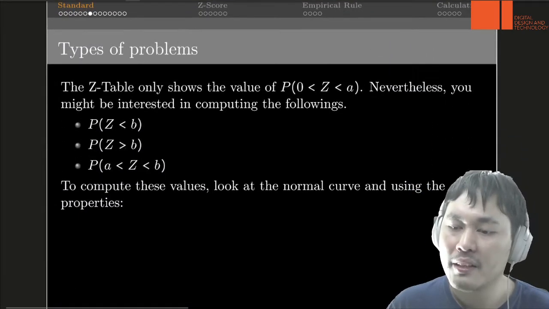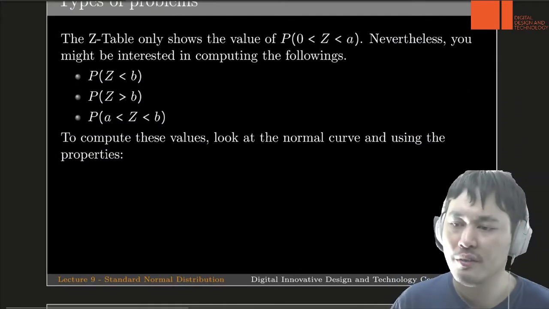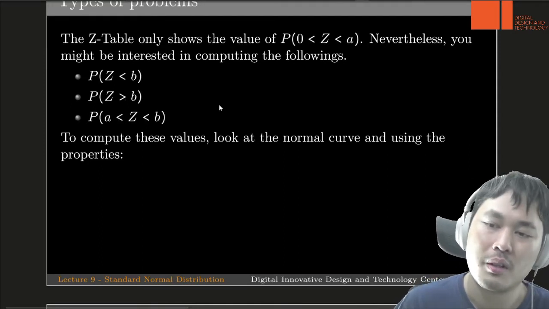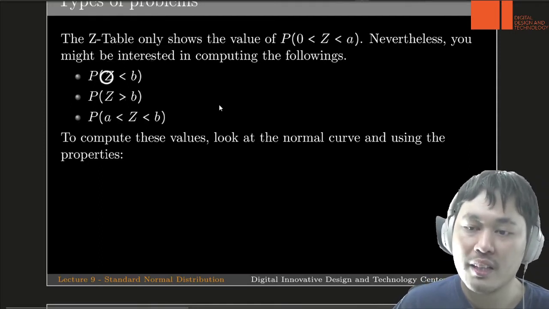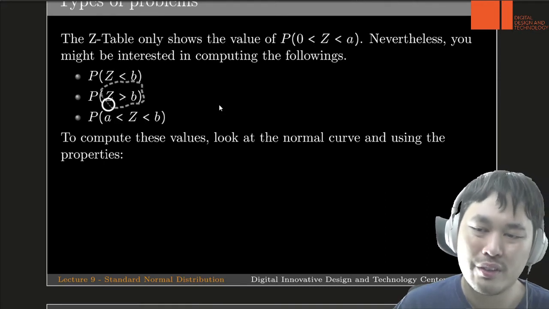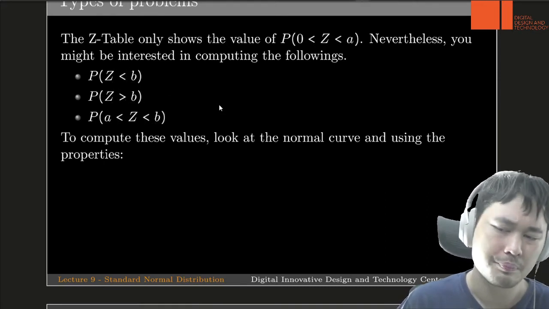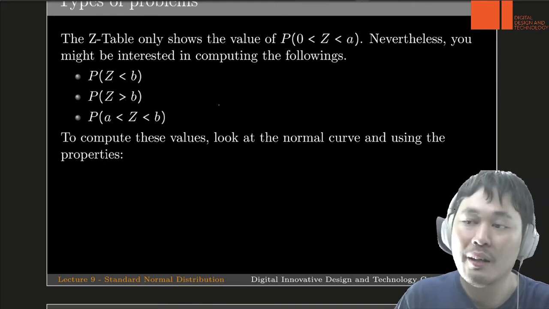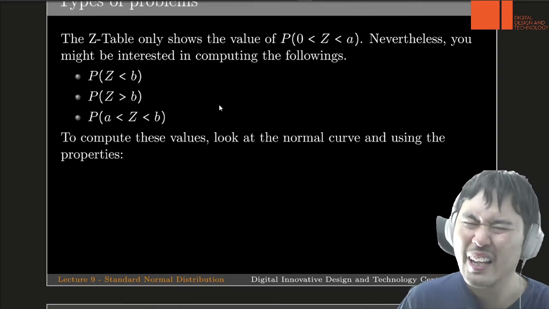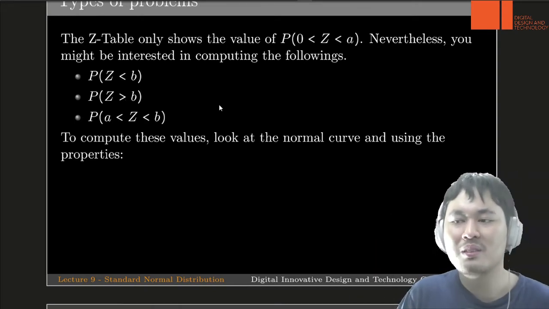Okay. And the types of problems we will encounter are these three questions, where you find the probability that z is less than b, or greater than b, or between a and b. And by the way, there's no single z table.